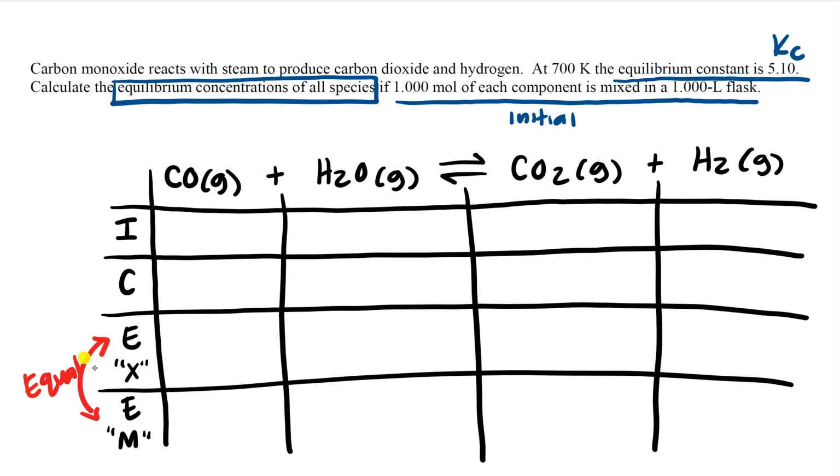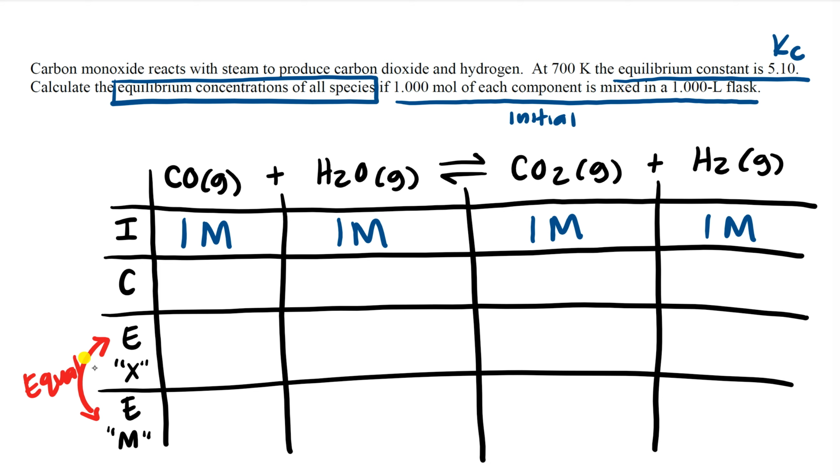And so now we're going to plug in what we know about this system. Our initial values, we're putting in 1 mole of everything initially into a 1 liter flask. So our molarity, 1 mole over 1 liter, everything initially is 1 molar. Nice, easy math.